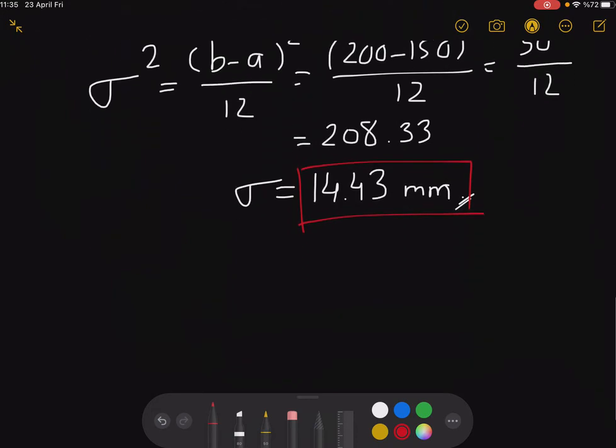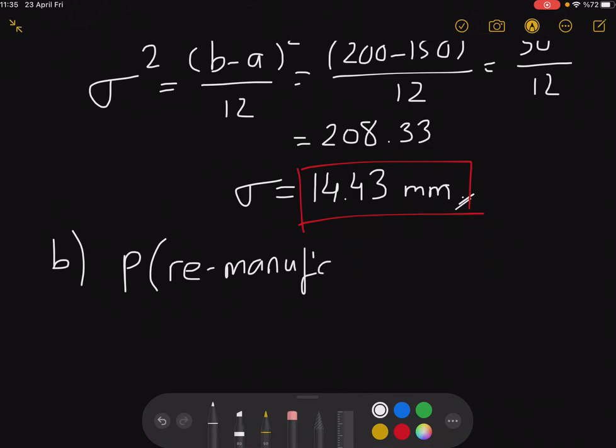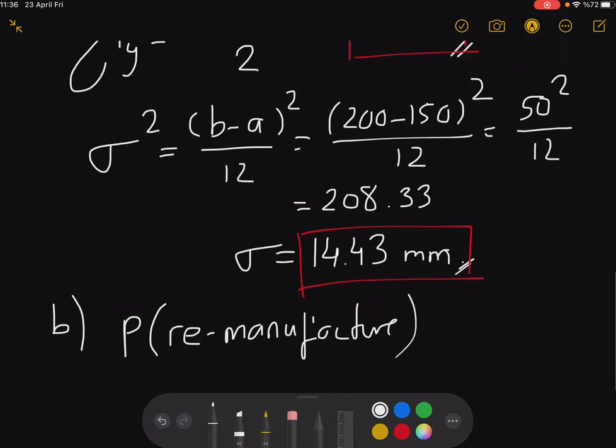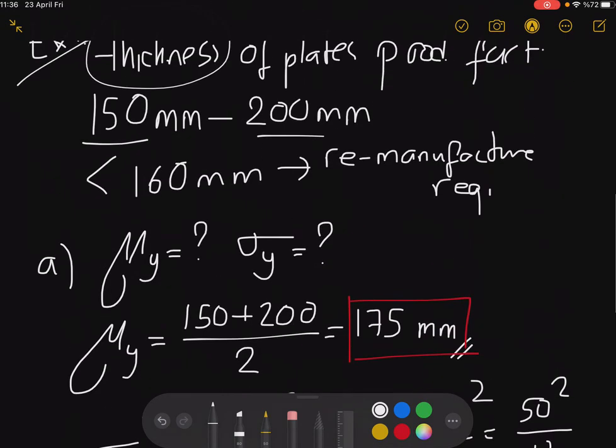Now the second part of the question is asking us to calculate the probability of remanufacture. If we return to our question, any thickness less than 160 millimeters will require remanufacture.